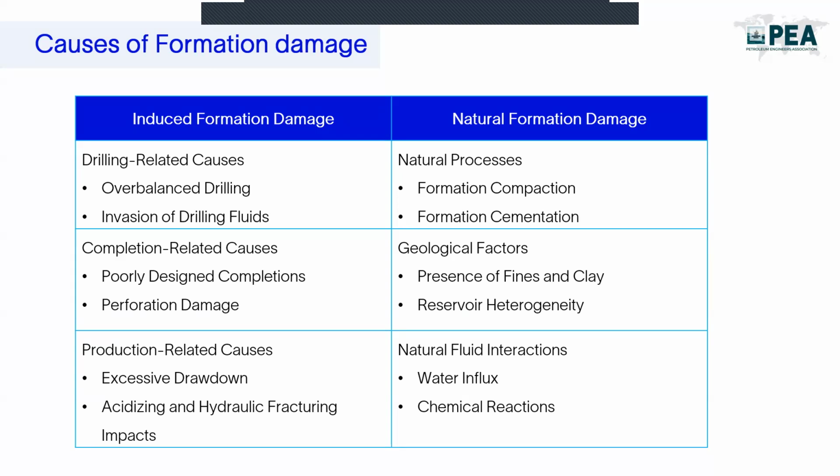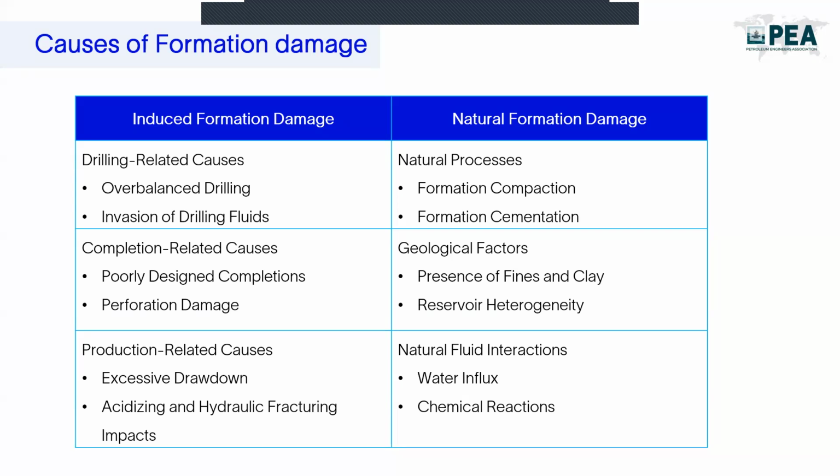Another thing is hydraulic fracturing. If we apply a high-pressure fluid injection to create fractures in the reservoir, this risks uncontrolled fracture propagation throughout the reservoir, and it could cause formation damage due to proppant impediment, for example.